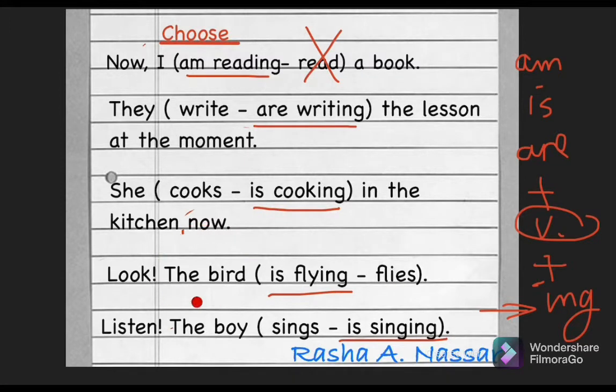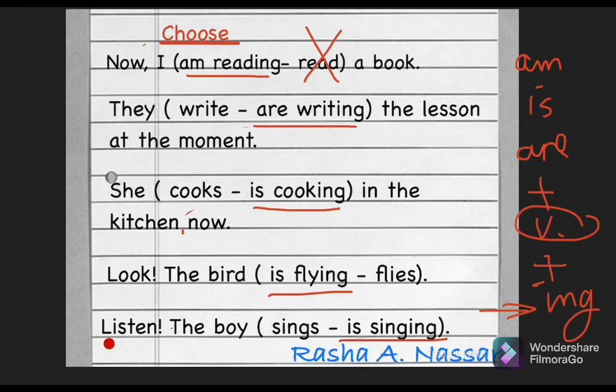I know that the bird is "it," and I could choose flies because it takes S. But I have here "look," and look expresses what? Present continuous tense. So I will choose is plus verb plus ing. So, look, the bird is flying.